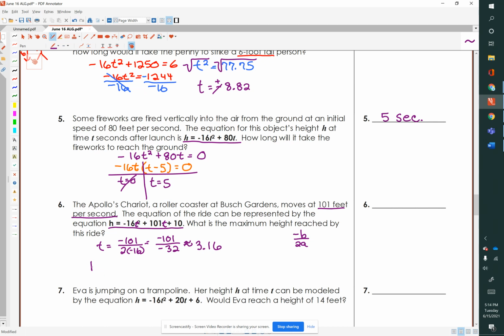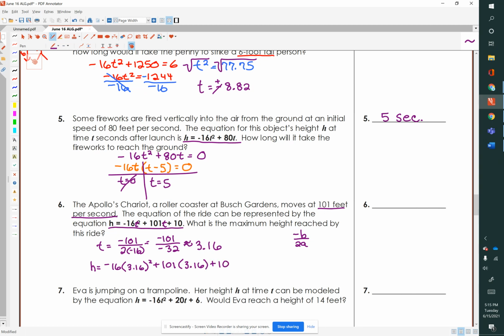So h equals, so we want to find the vertex, the y value, or in this case, the h value of the vertex. So negative 16, substituting 3.16 squared, okay, I'm just following the formula, plus 101 times 3.16 plus 10.